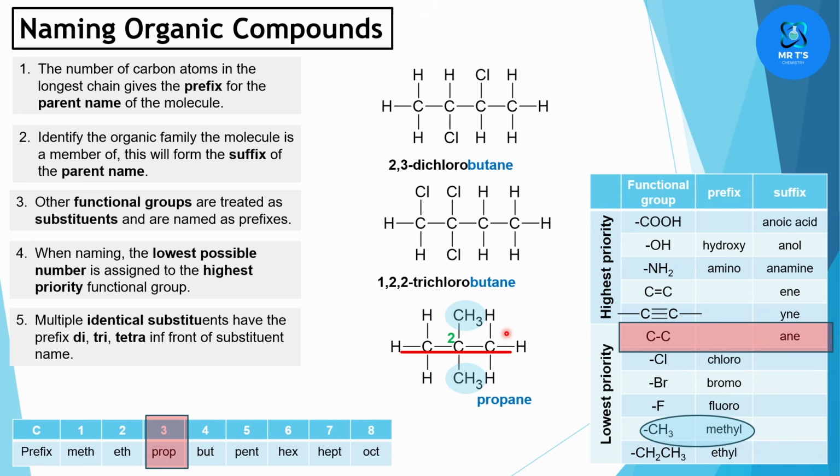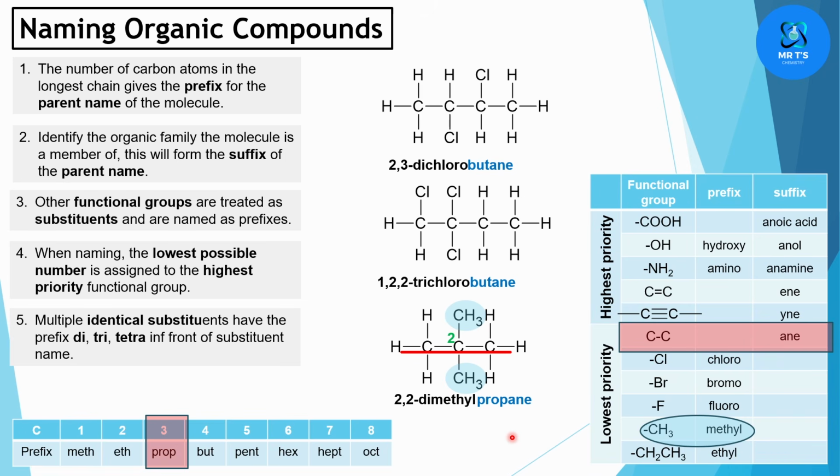Now, this one's kind of interesting because we could call it 2,2-dimethylpropane, but actually in this case, there is only one way that you can attach two methyl groups to a propane molecule and it still be a dimethylpropane.